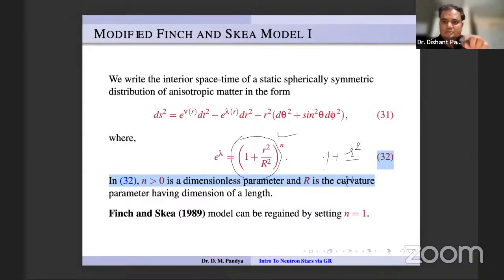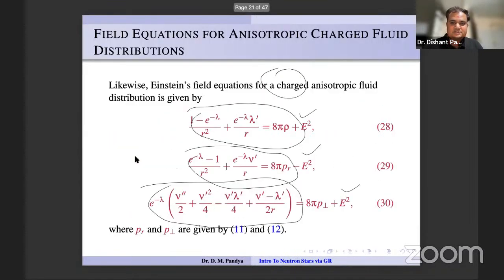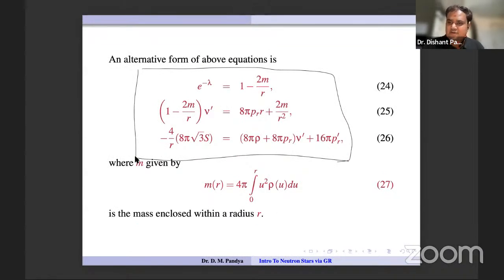And for that, we put n equal to 1. Once I put n equal to 1, I will get the actual expressions by Sharma and Ratanpal. As you can see here, these expressions, either these expressions or 24, 25, 26.